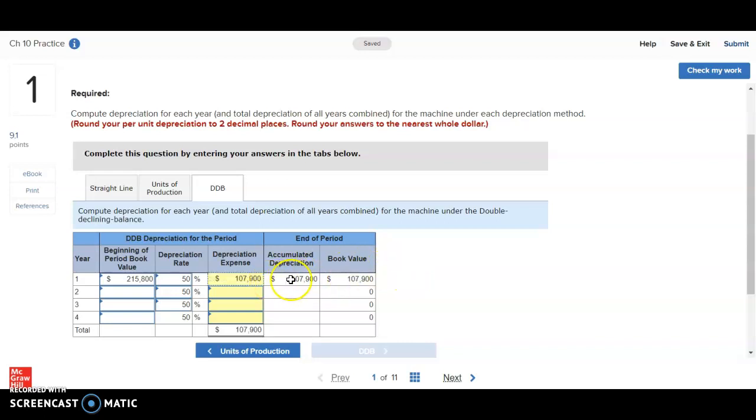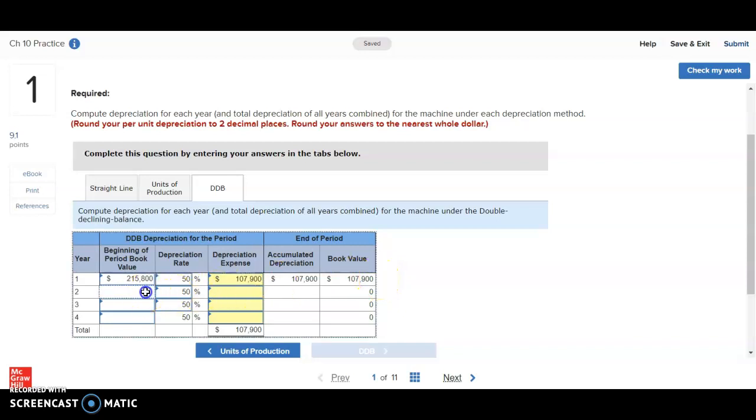It's going to show you our total accumulated depreciation is now matching our depreciation expense for year 1, because since it's the first year, that's all that has accumulated. But as we depreciate other years, accumulated depreciation is going to increase. When the accumulated depreciation increases, we see the book value decline by how much we depreciated. So the end of year 1 book value is $107,900.